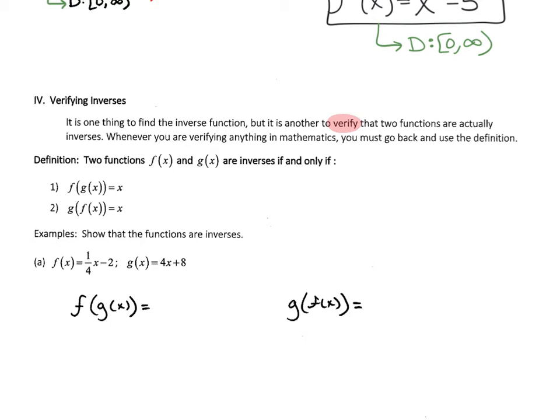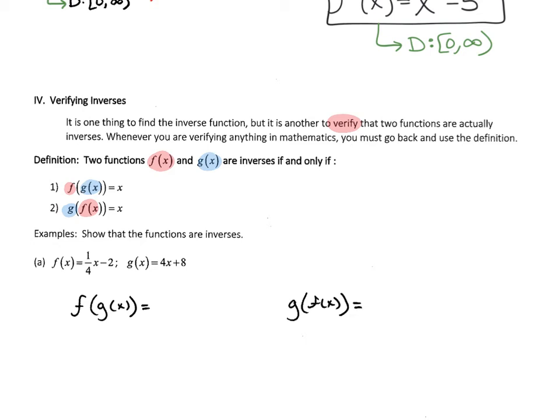Two functions, f and g, which we'll make red and blue like we did with function compositions, are inverses if and only if f of g of x simplifies down to literally an x, and g of f of x also simplifies down to just an x.